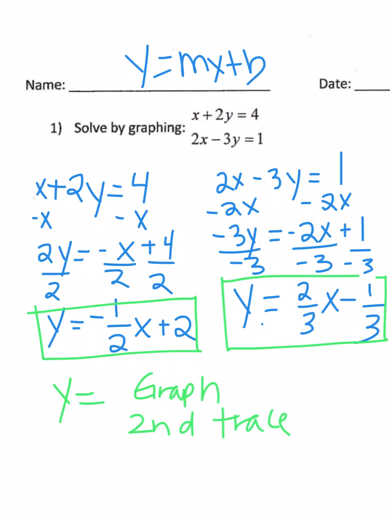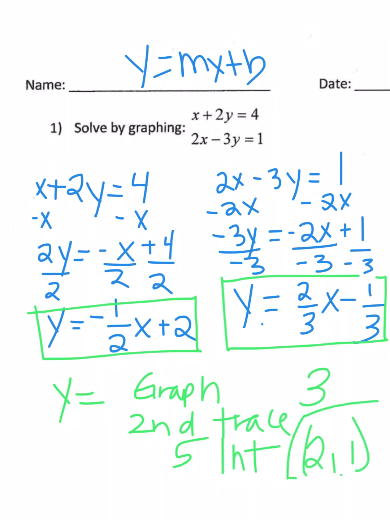And then you're going to hit number 5, which is intersection. And you're going to move your cursor. Remember, you have to go left or right. You're going to move your cursor as close to where those two lines intersect as possible, and you're going to hit enter 3 times. And when that happens, you get an answer of 2, 1. That's where the two lines intersect, so that is your solution.